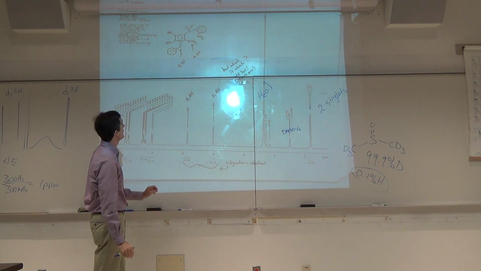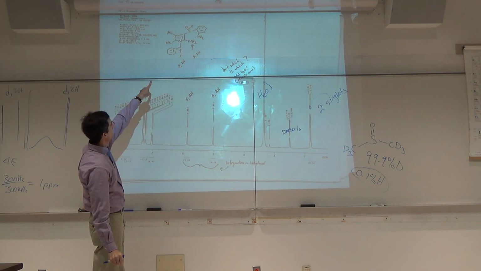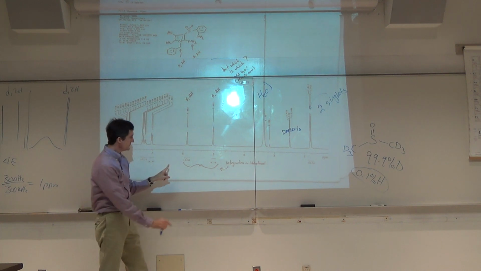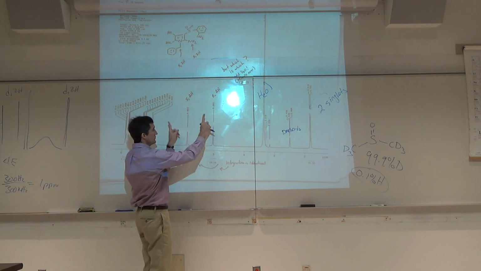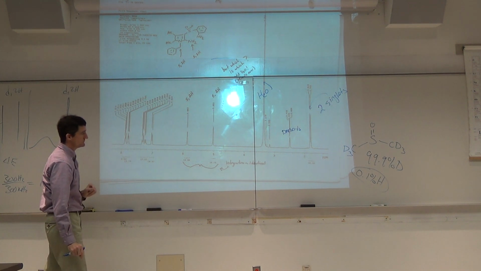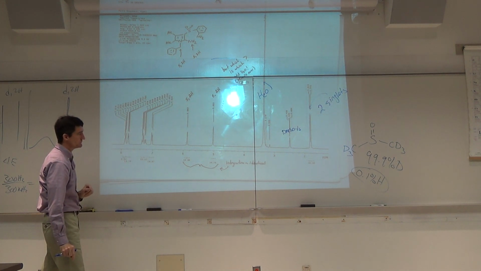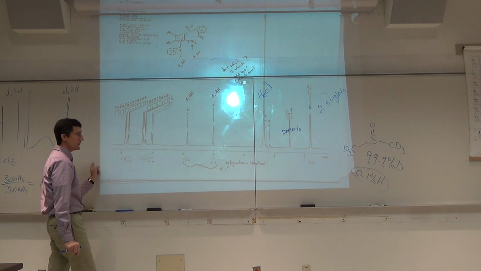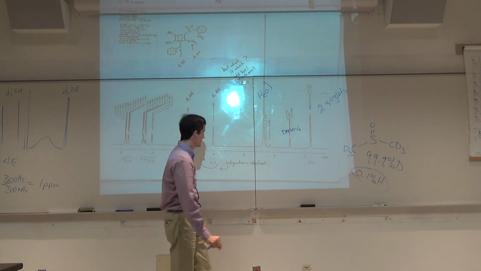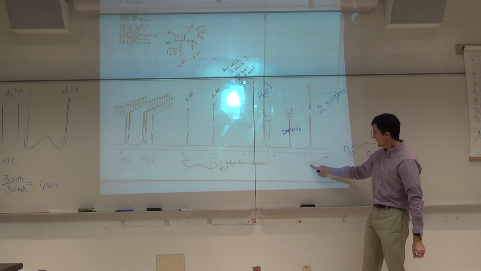What are these? Well, you see, CH2 or the NH2. Integration is identical. They're both integrating for two H's. The integration numbers themselves don't mean anything, it's relative. You see, this is 30.